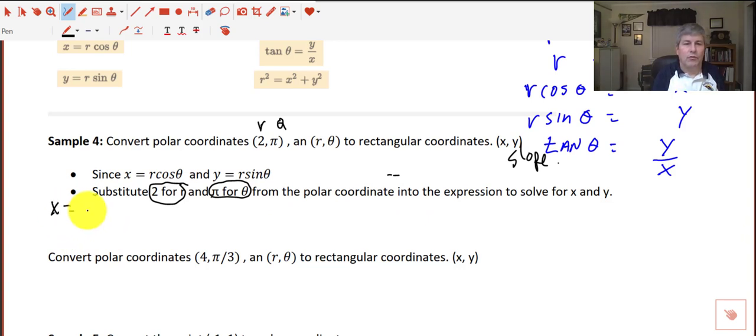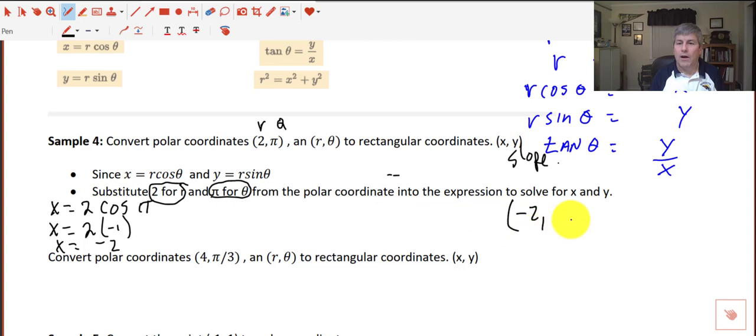X is equal to r cosine of theta, 2 cosine of pi. Using our unit circle, the cosine of pi is -1, so 2 times -1. So we get an x value of -2.